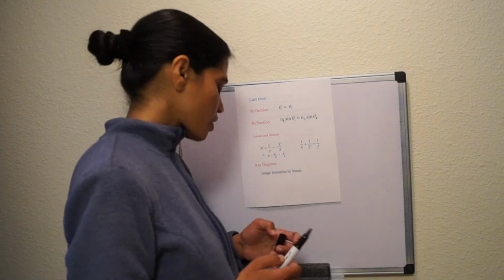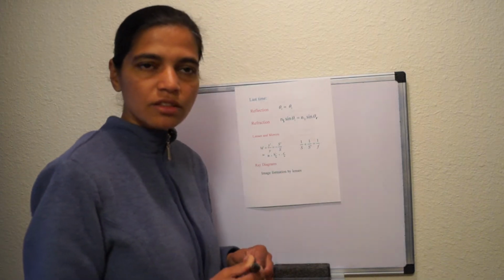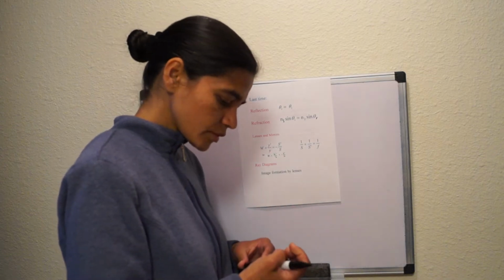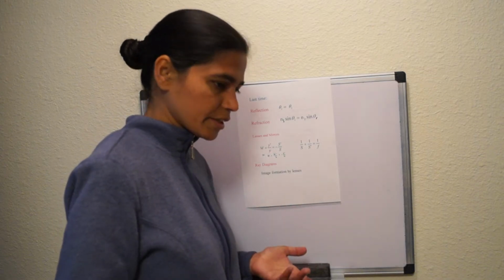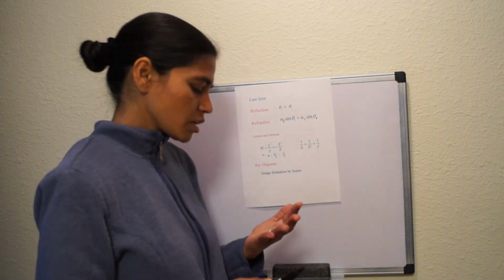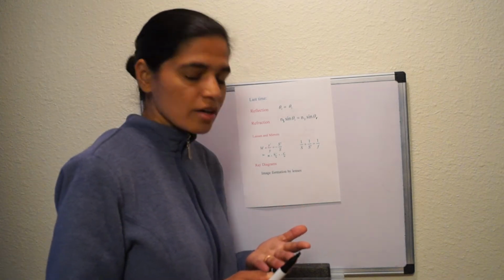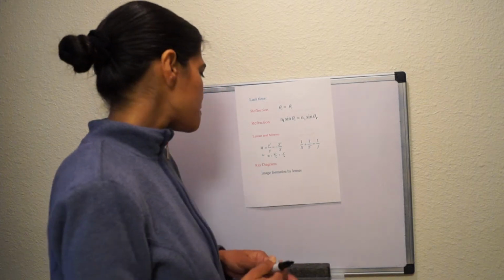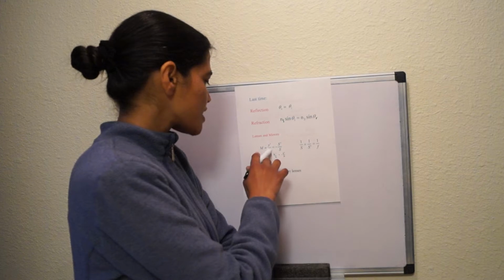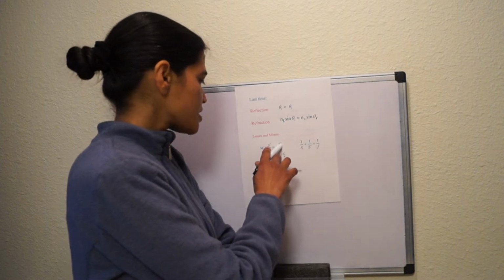Lenses, we also talked about magnification of lenses, magnification of images, and then also we looked at the thin lens equation. Both the magnification and the thin lens equation are also applicable for mirrors. So the magnification here is given as y dash by y equal to minus s dash by s.